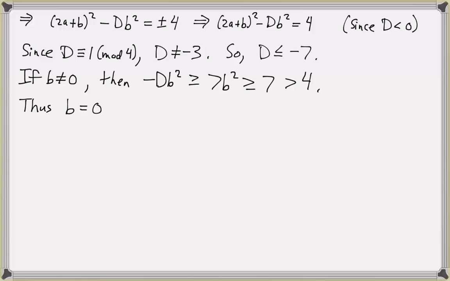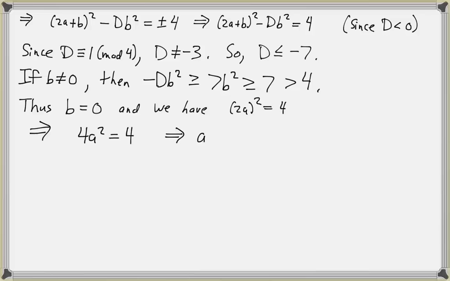So thus b equals 0, and in the equation at the top we have that (2a) quantity squared equals 4. Thus 4a squared equals 4, and dividing by 4 we have a squared equals 1, and finally we obtain that a equals plus or minus 1. So the only units in this case for the quadratic integer ring is also plus or minus 1.